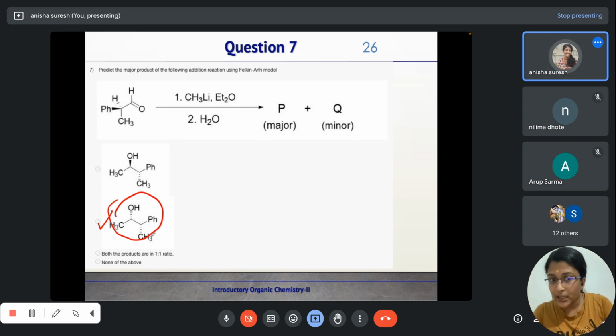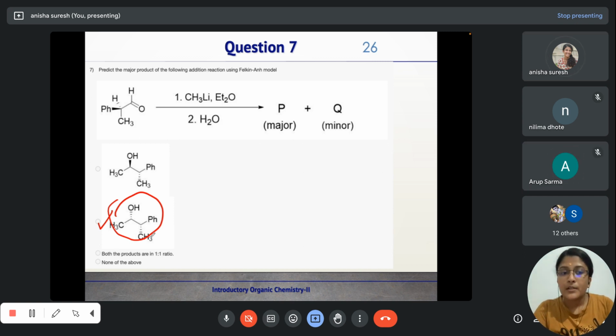Felkin model is clear? Yes, ma'am. Okay. So correct option will be option B. If you are having any doubts, you can ask.